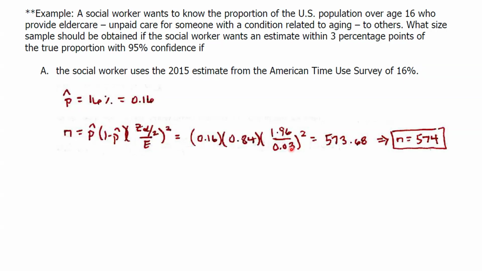But again, we'll need to round up. So N here is 574. Okay. So this is the size for the population that this researcher would need to obtain if the social worker wants an estimate within 3 percentage points of the true proportion with a 95% confidence.